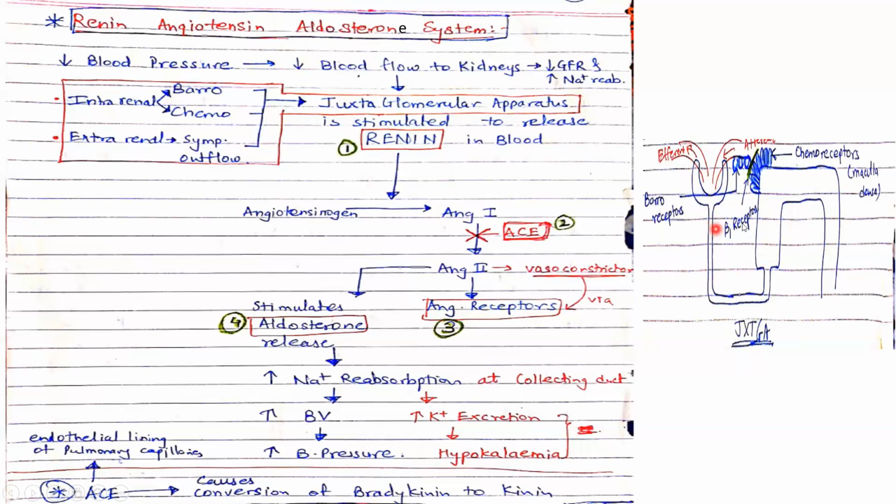Initially if 10 sodium ions were getting reabsorbed, in the altered condition 20 will get reabsorbed. As a result, the fluid which is entering the distal part here will have lesser sodium. So low glomerular filtration rate, increased sodium reabsorption, and low sodium concentration at the distal end of the nephron. These three are the consequences.